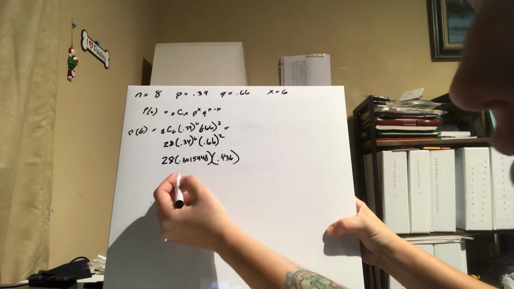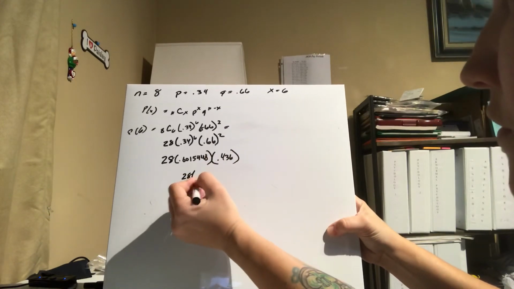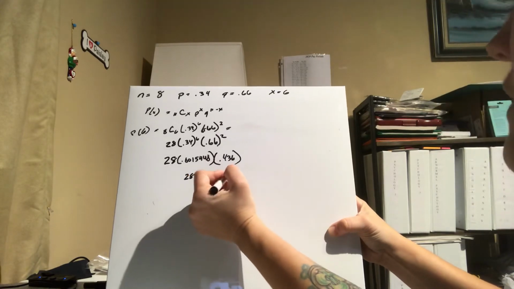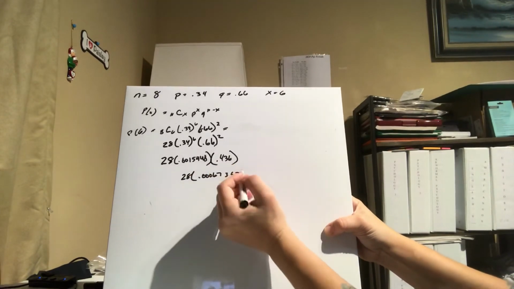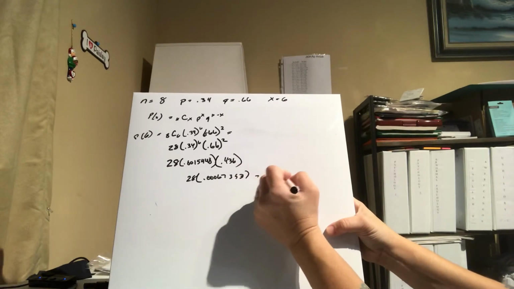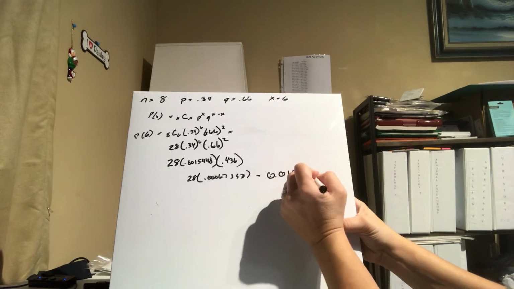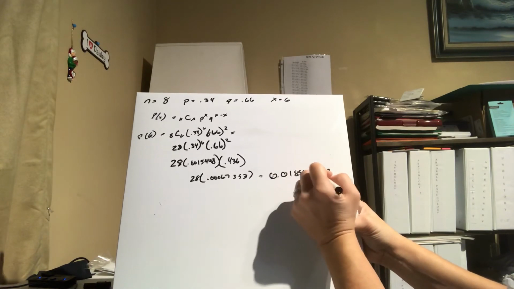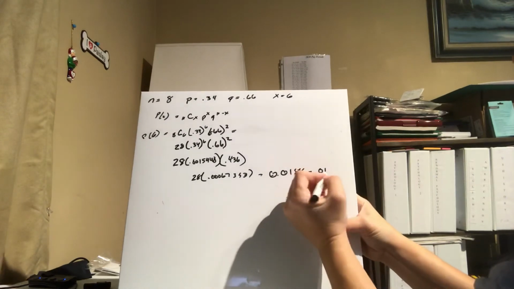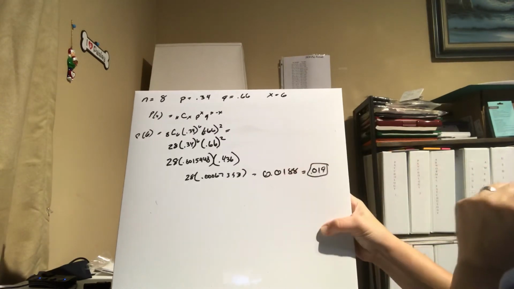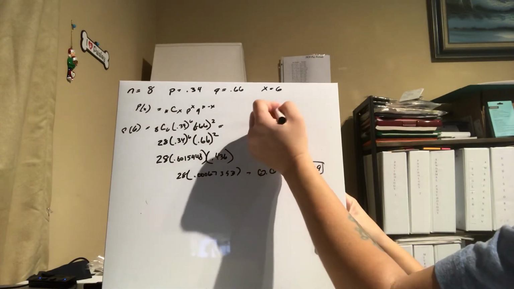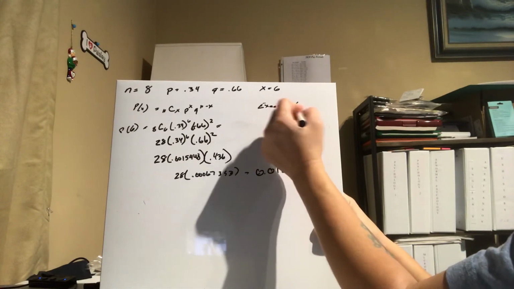And you multiply all that together, and you get 0.019. That was to get the exactly 6.